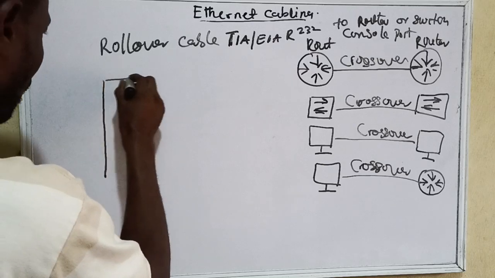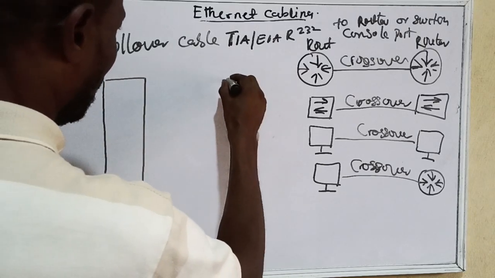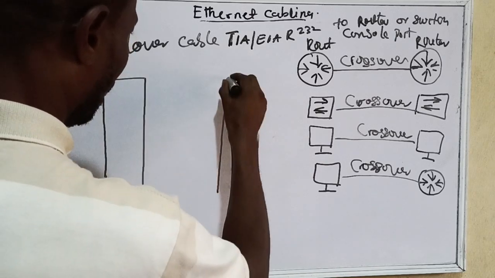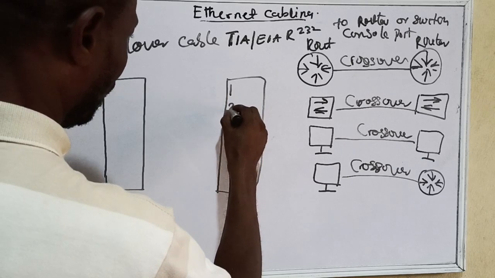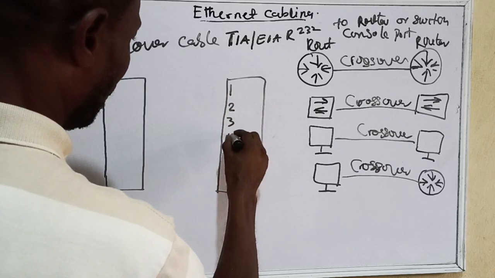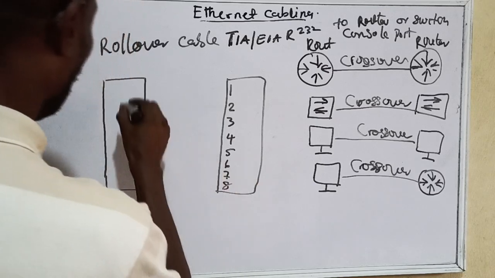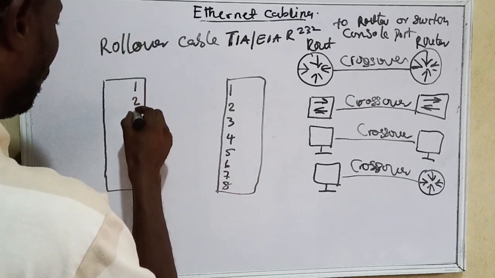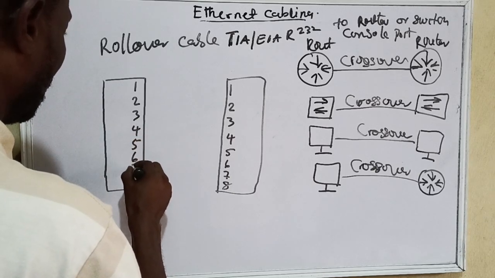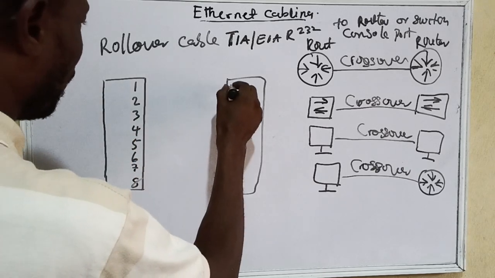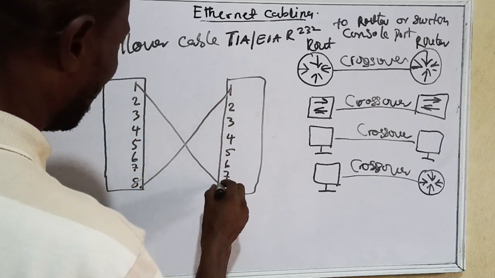Okay, and this is how these rollover cables are. This also has RJ45 connectors at both ends. 1, 2, 3, 4, 5, 6, 7, and 8. So pin 1 comes to pin 8. Pin 1 here comes to pin 8.